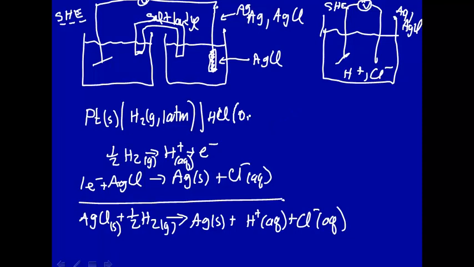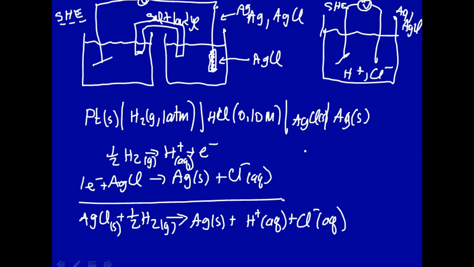This will be 0.10 molar, which then goes to silver chloride, then goes to silver solid. All right, so there's our concentration. I forgot to put that in the problem. So let's just ignore this for now, and the solution concentration is 0.1 molar.